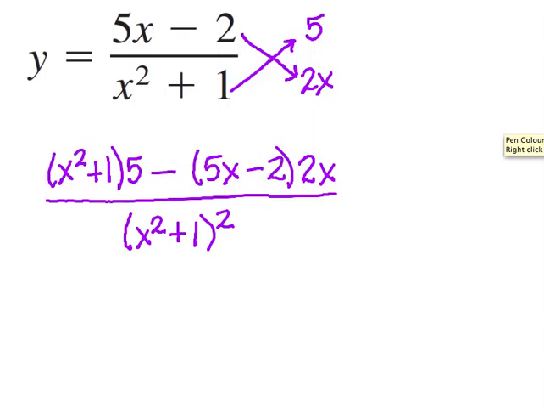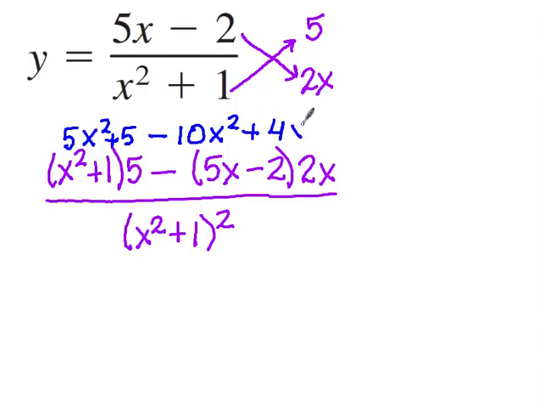So now what I need to do is distribute and simplify. When I distribute here, I get 5x squared plus 5. All right. What do I get here? Minus 10x squared plus 4x. Why is it plus 4?